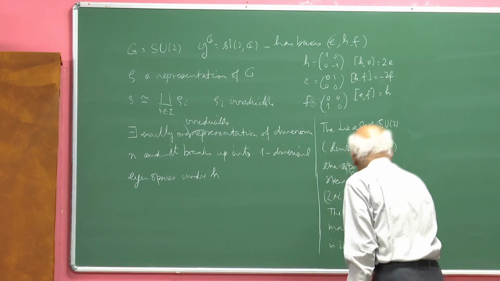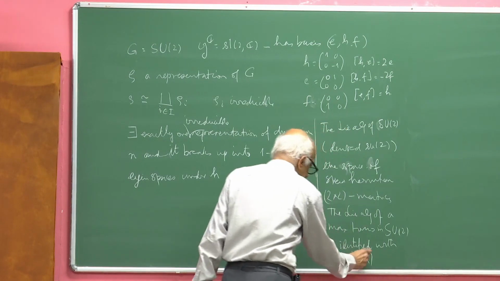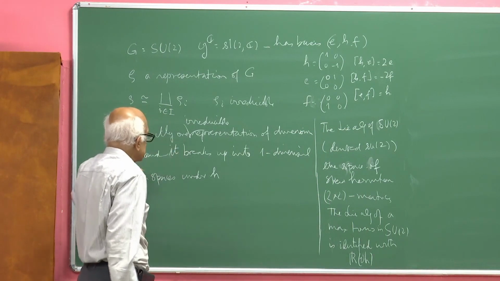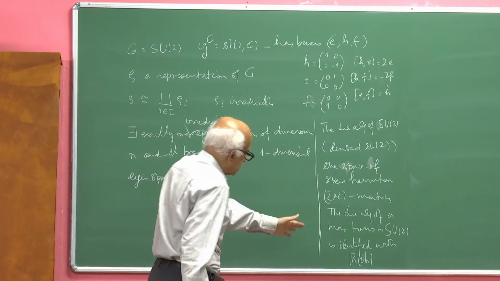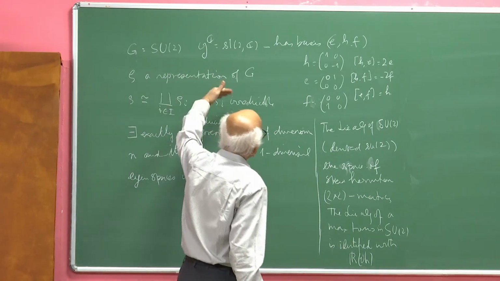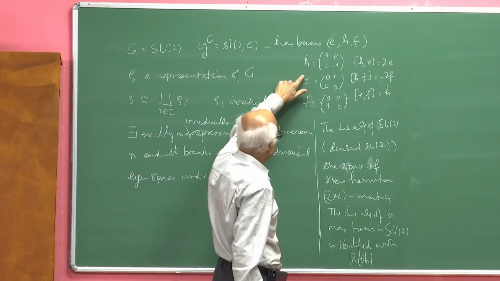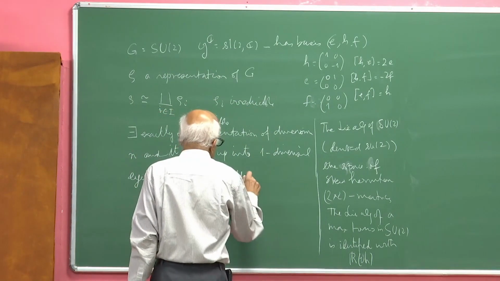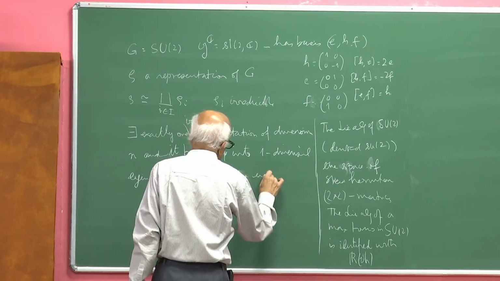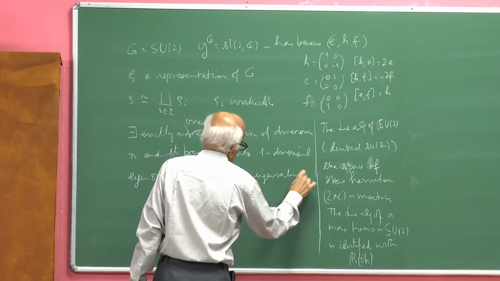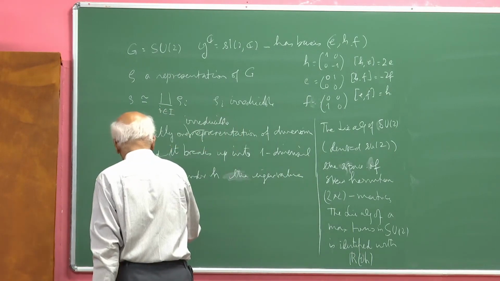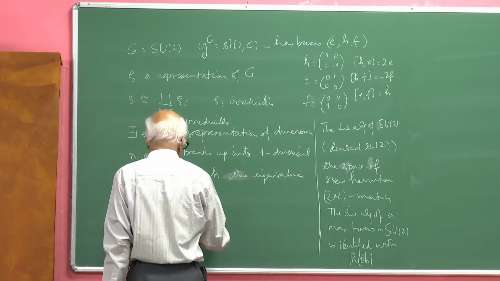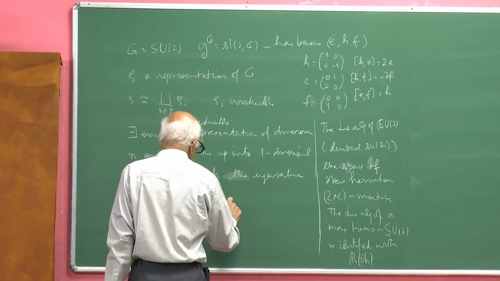R times iH, i is the square root of minus 1. Then it's an irreducible representation, it breaks up into eigenspaces for the torus and therefore also for the action of the Lie algebra. It breaks up into eigenspaces under H, all the eigenvalues being integers r, with minus n less than or equal to r.